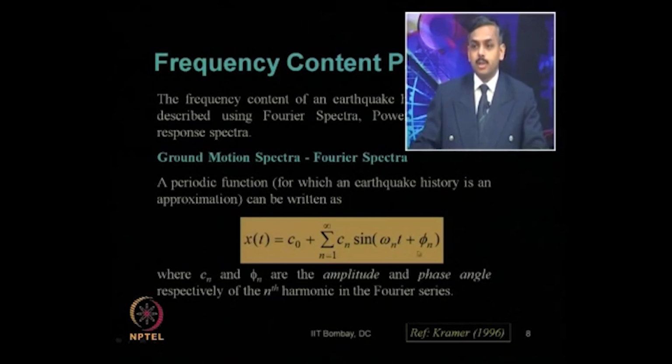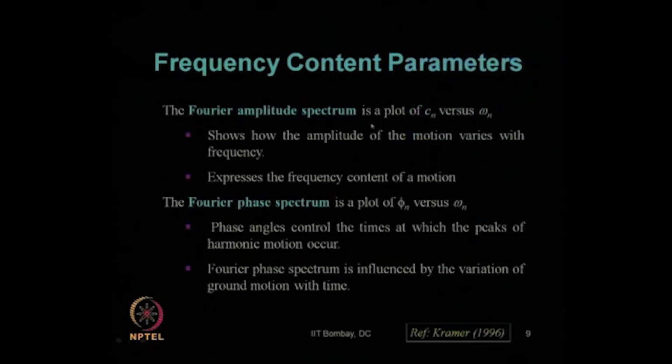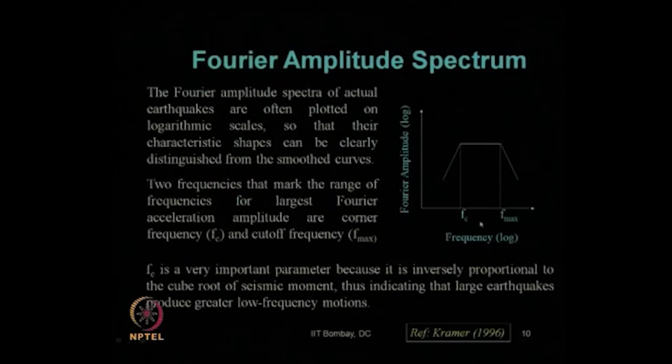We have seen what is known as the Fourier amplitude spectra, which is a plot of amplitude versus frequency, and also the Fourier phase spectra, which is a plot of phase versus frequency.